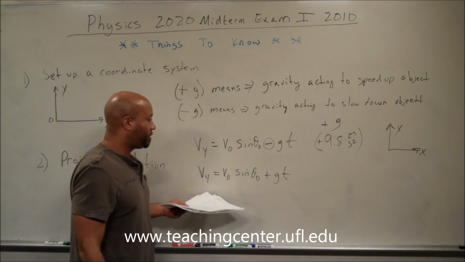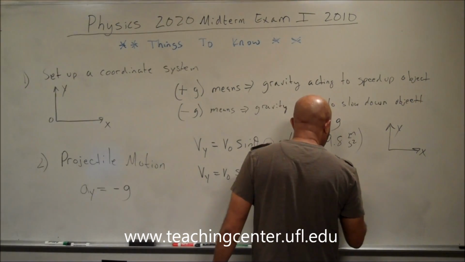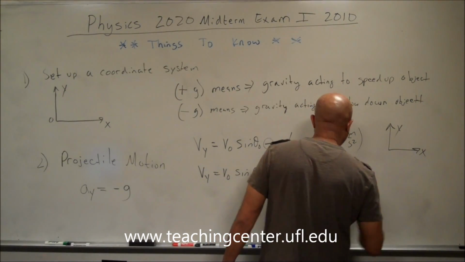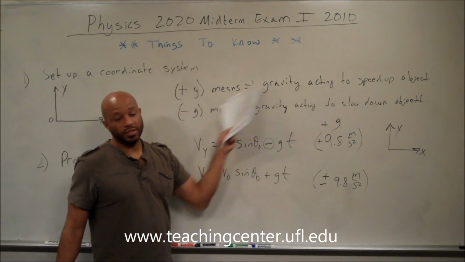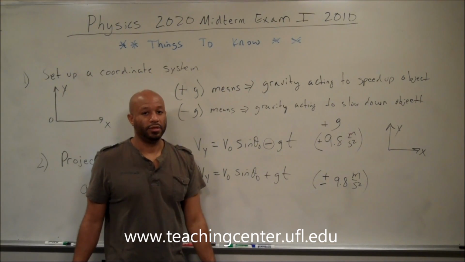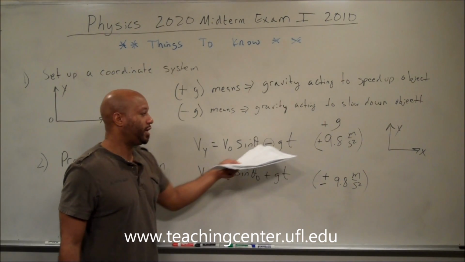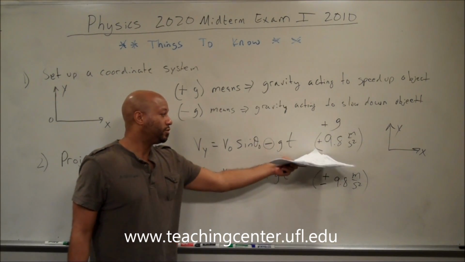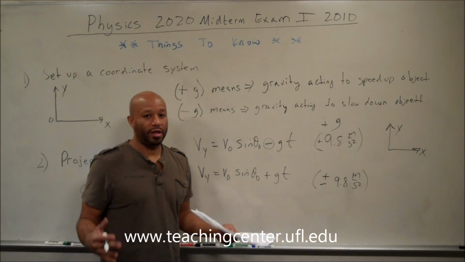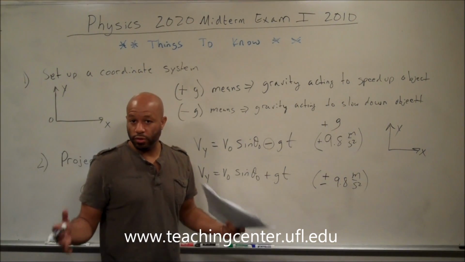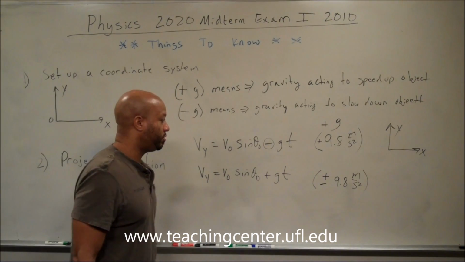If you use this other equation, then you'll need to substitute in a positive or a negative meters per second squared, depending on your coordinate system and what it says in the problem. Just understand that the first equation already takes into account negative gravity, so just substitute in positive the value for gravity, which is 9.8 meters per second squared, or 32 feet per second squared in British units.